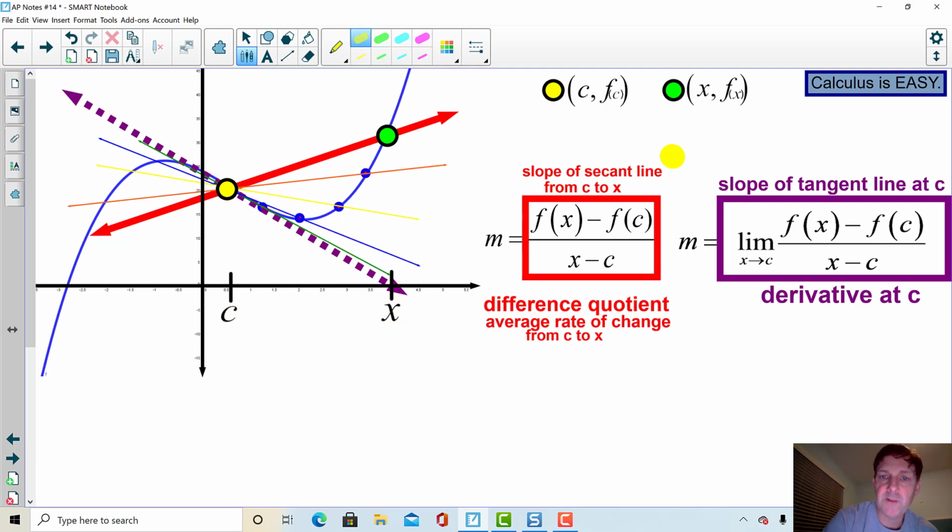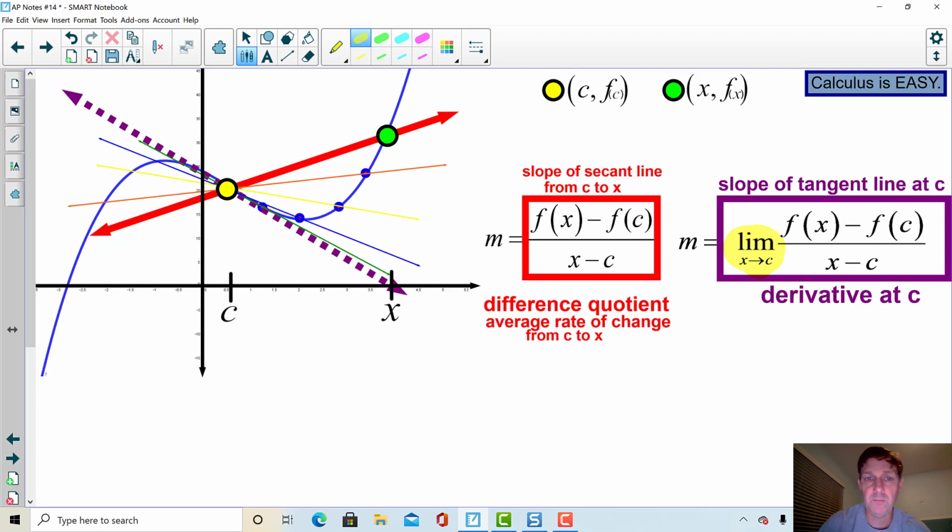For the slope of the red line, that's the slope of the secant line, we have that formula in the red box. Again, this is called a difference quotient. It's also called an average rate of change. Now that gives us the slope of that red line, but what we really want in calculus is we want the slope of that purple tangent line. So we have to do the limit as x goes to c.